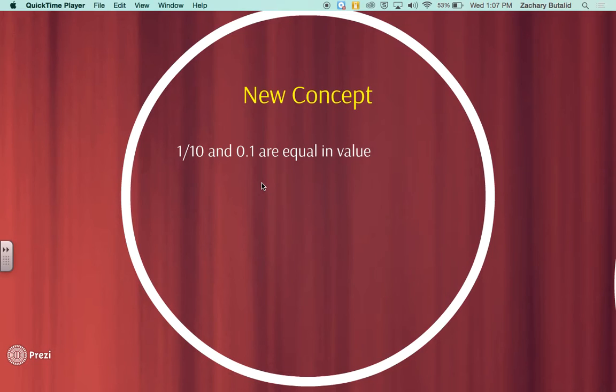The numerator of a common fraction is written in the tenths place of the decimal. If we remember our place value, this is going to be the tenth spot. The next one after that would be the hundredth spot. So the common fraction 1/10 and the decimal 0.1 are both named 1/10.